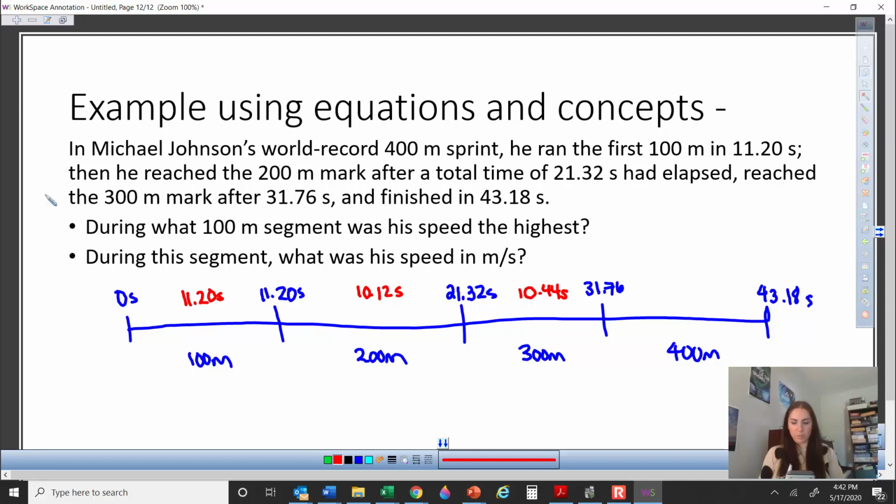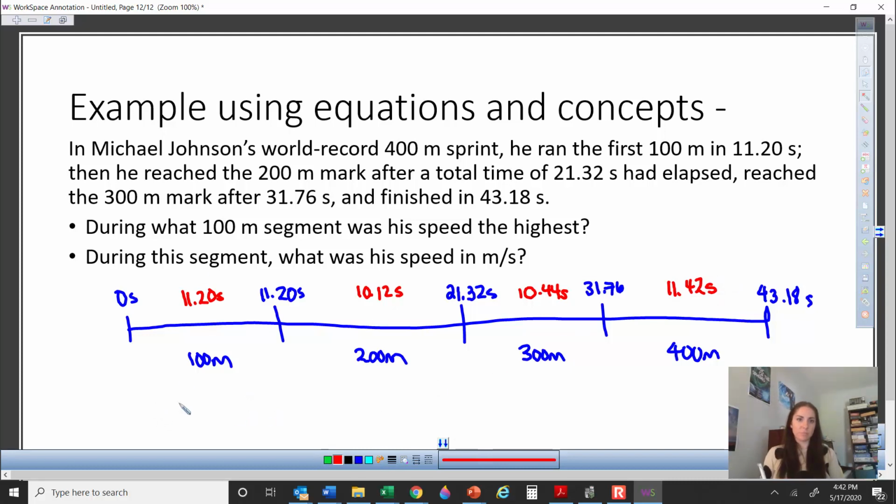And then 43.81 minus 31.76. Like that. Okay, so that's the time for the segments.